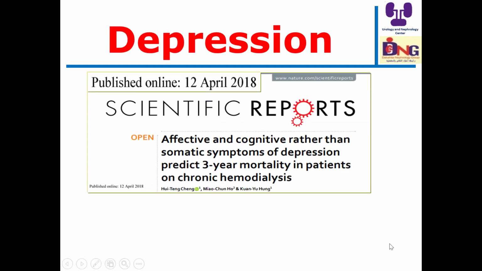Depression is of paramount importance, because in dialysis, depression is associated with increased mortality, increased malnutrition, and other problems in dialysis patients. It is quite prevalent, and it needs collaboration with psychiatrists and a multidisciplinary team approach.